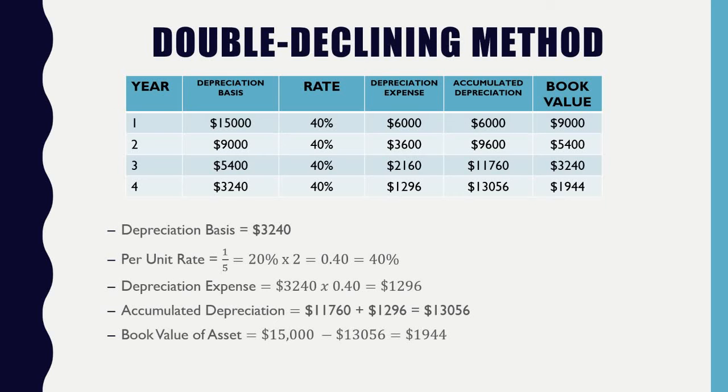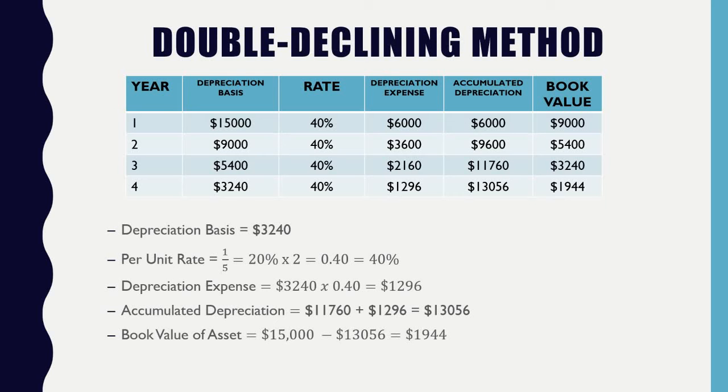That's 40% of our asset, right, for the fourth year. I'm going to get accumulated depreciation right here for $13,056. So bringing my book value to a total of $1,944.